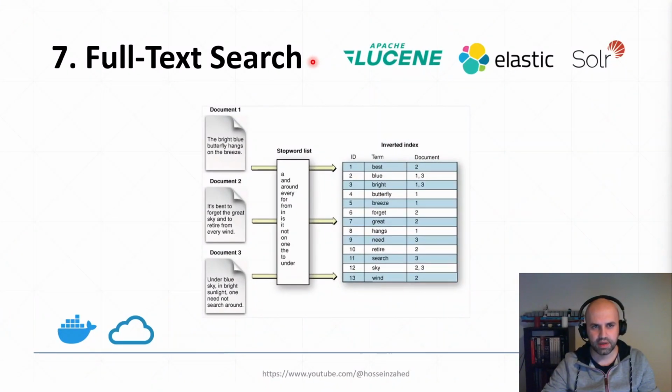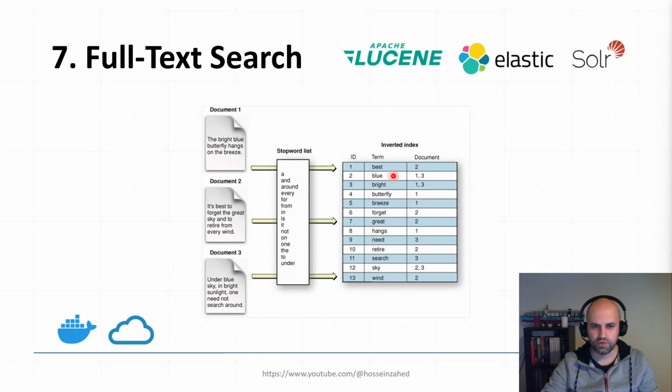The seventh paradigm is full text search. So imagine that we want to create a search engine. What we do is that initially we enter some text documents to the database, and the database is going to use a stop word list to generate an index table. When the index table is ready, we can go through it and search for specific terms.